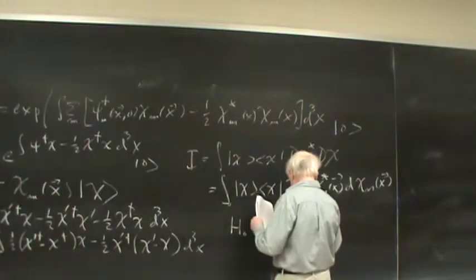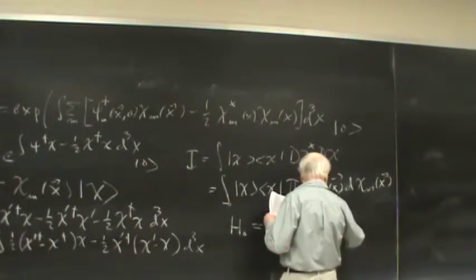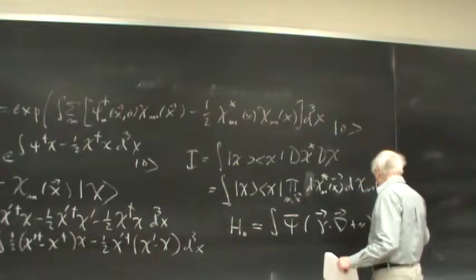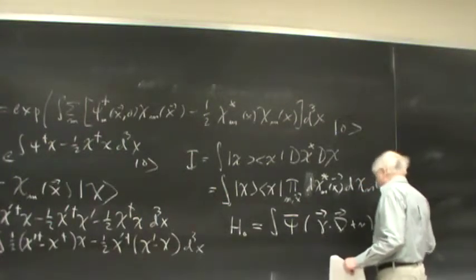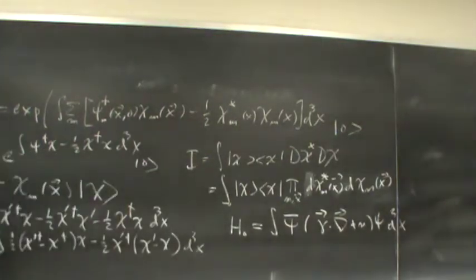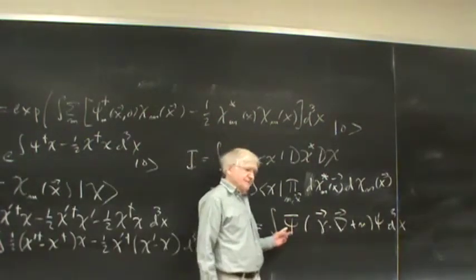Namely, it's psi bar (gamma dot grad plus m) psi d cubed x. And so let me just emphasize that the Dirac Hamiltonian does not have psi dot in it, which is something that is a little bit surprising.